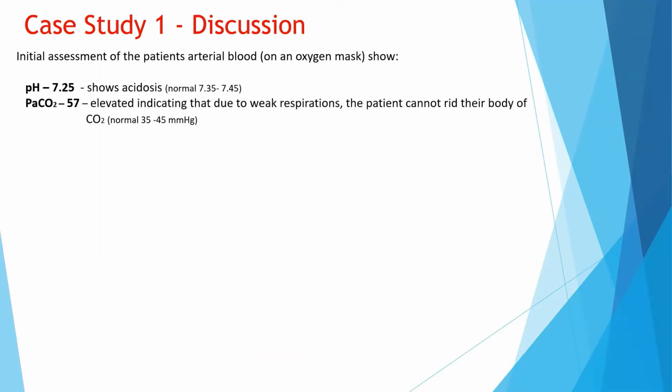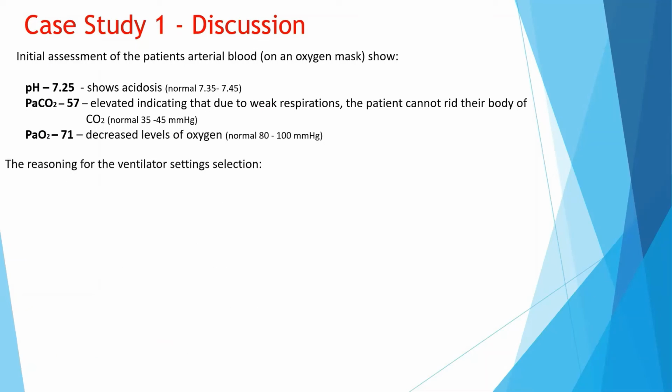His carbon dioxide level was 57. This is elevated and likely due to weak respirations, and the patient cannot get rid of CO2. His PaO2 was 71. It is a decreased level of oxygen, normal being 80 to 100.